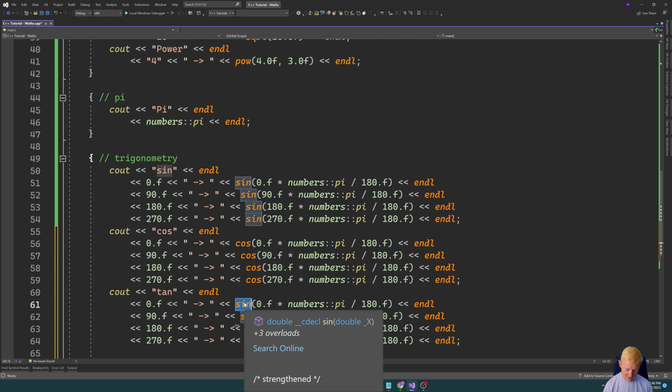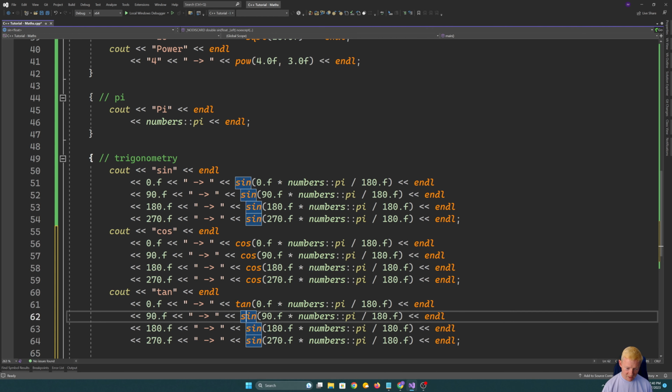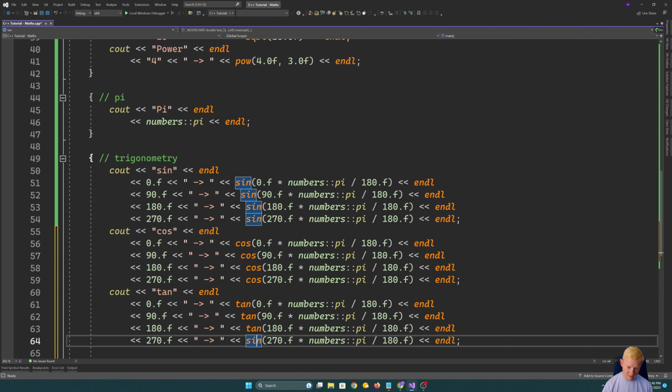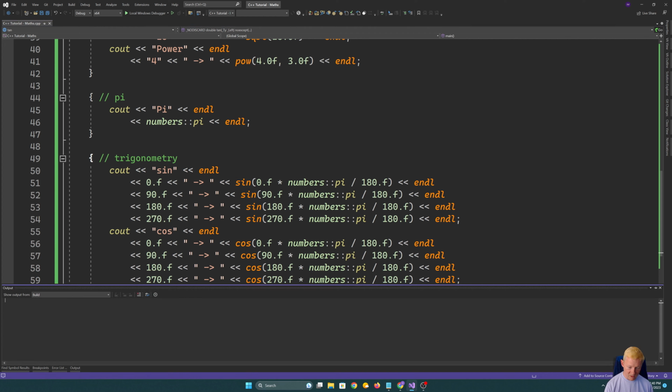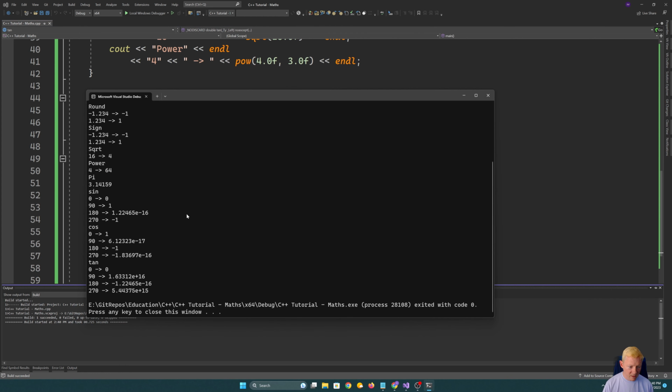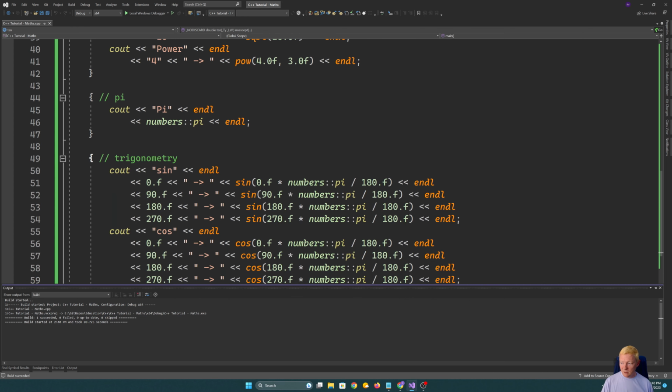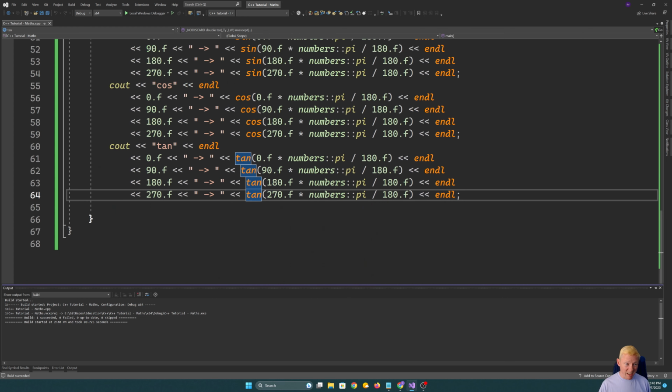And we'll just put those in. So let's run that. So we see sort of expected values, similarly with cos. That looks good. Tangent, again, that's looking about what I would expect. So, okay, we can do sine, cos, and tan.